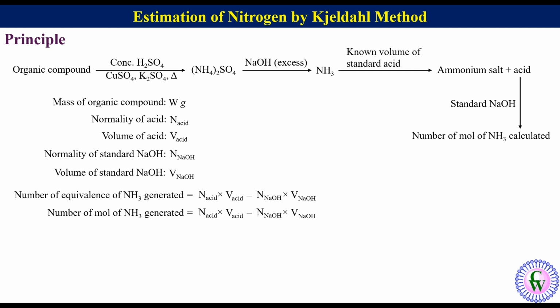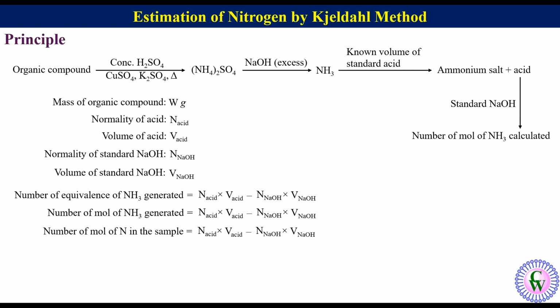Number of moles of nitrogen atom in the sample is equal to number of moles of ammonia generated. So, number of moles of nitrogen in the sample is equal to N acid into V acid minus N NaOH into V NaOH. We know that mass is equal to molar mass into number of moles.